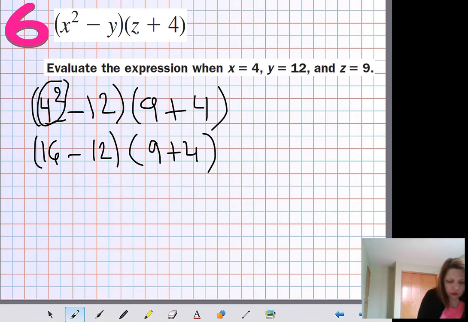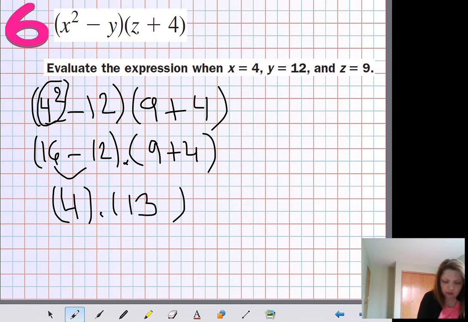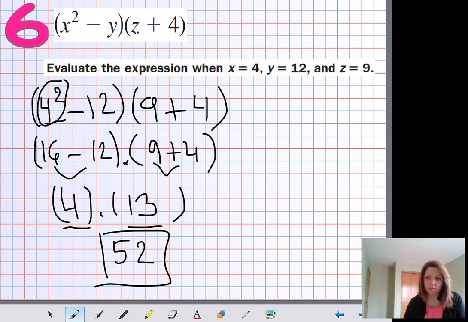So 16 minus 12 is 4, and there is a multiplication sign between those parentheses. 9 plus 4 is 13. Okay, so 4 times 13, that will be the final thing to evaluate. 4 times 13 will be 52. 52 will be the final answer for this expression.